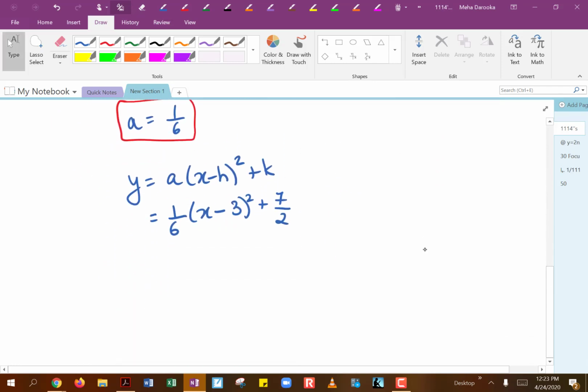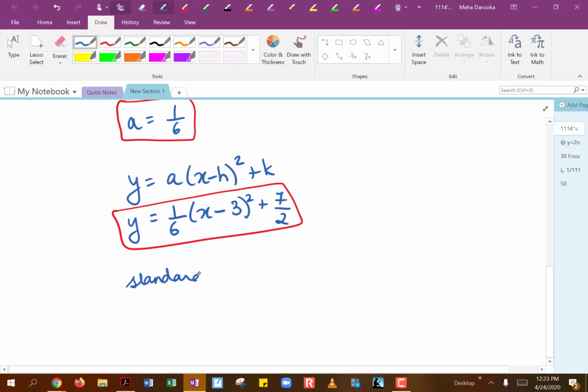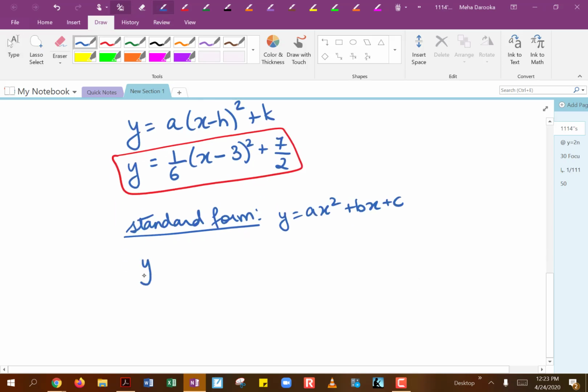Now, if your instructions say to leave it in this form, you can, but if they ask you for the standard form, and the standard form, remember, is y equals ax squared plus bx plus c, then we will need to simplify this further.